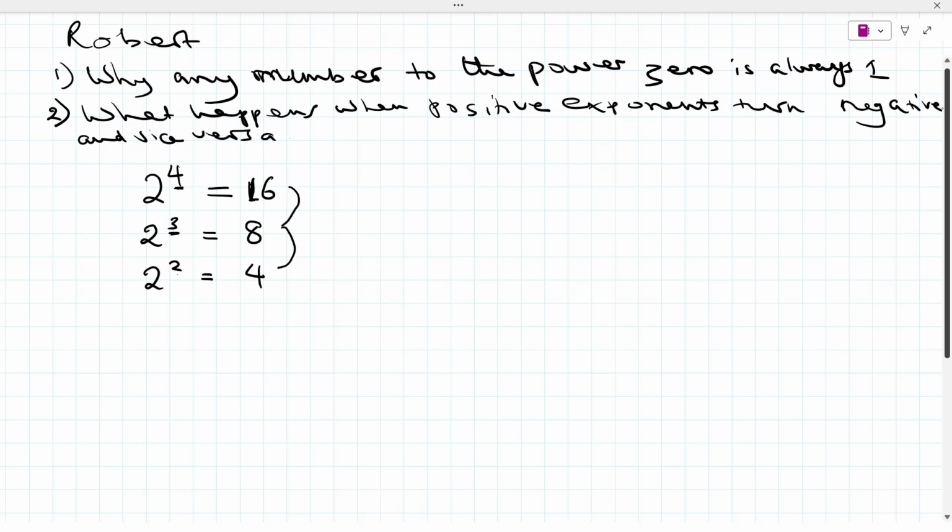So if we reduced our exponent 2 here to 1, we would have 2 to the power 1, which would be equal, following the same pattern, to 4 divided by 2, that will give us 2.